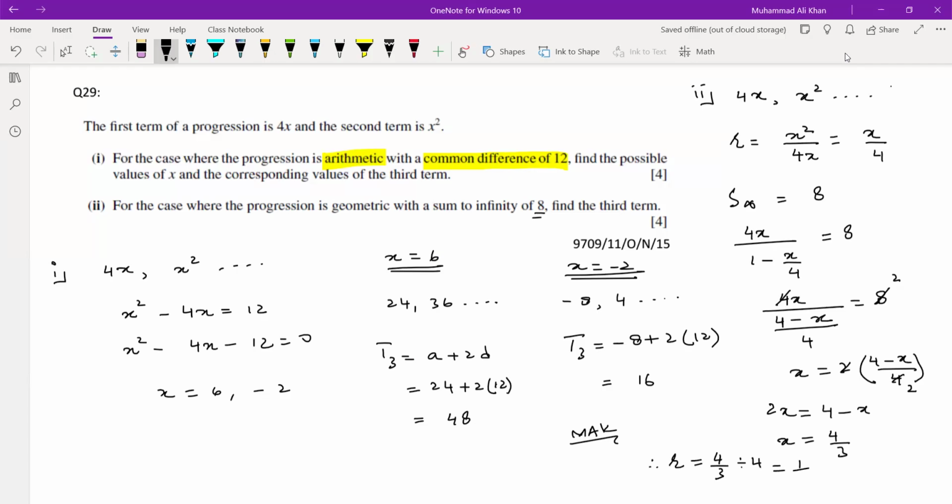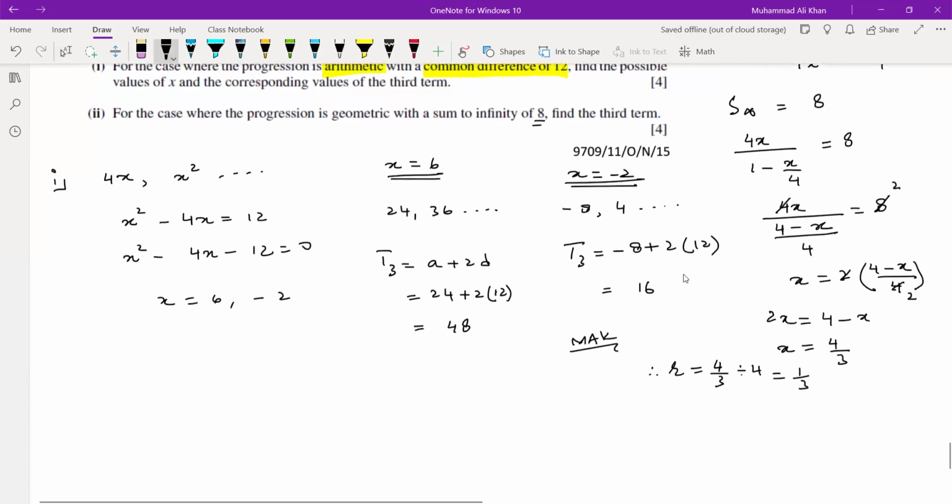So the answer will be 1 upon 3. The common ratio is 1 upon 3, and a will be 4x. 4 times x is 4 upon 3. So the value of the first term is 16 over 3.